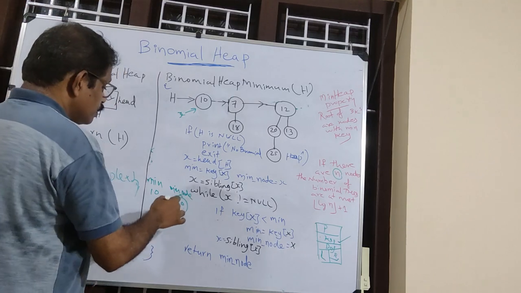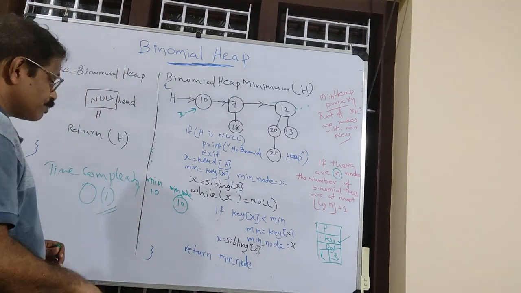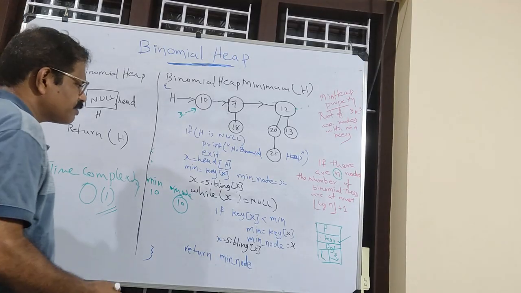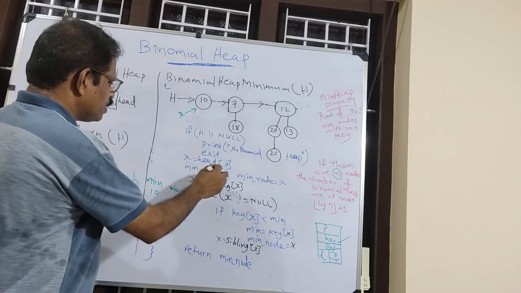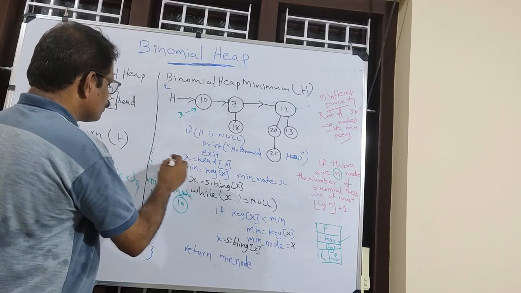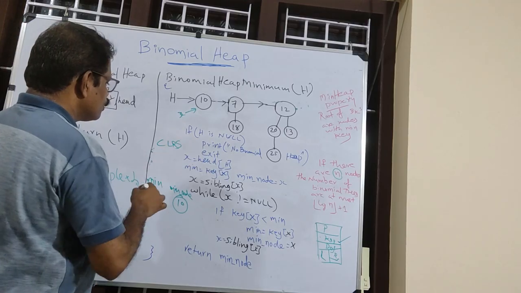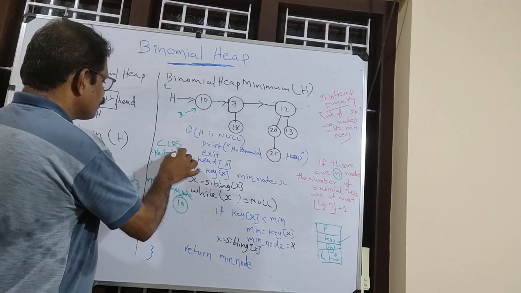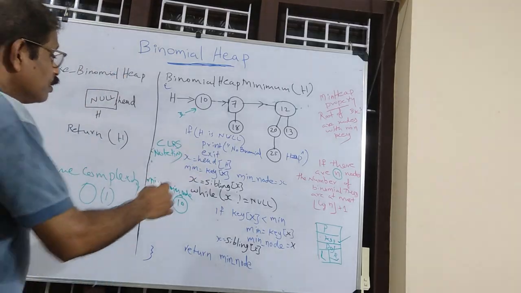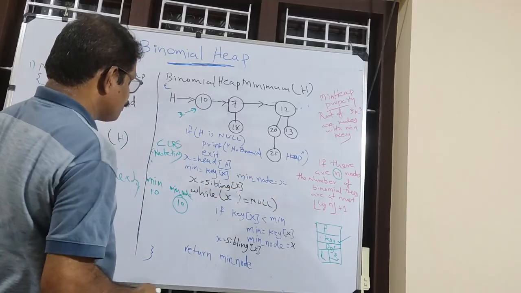Remember, this represents node and this represents value. And here we are keeping min equal to key of x. So we follow CLRS notations. Min equal to key of x, then minimum node equal to x.